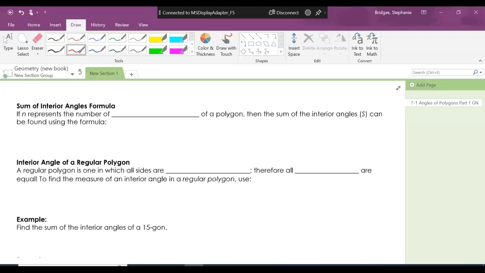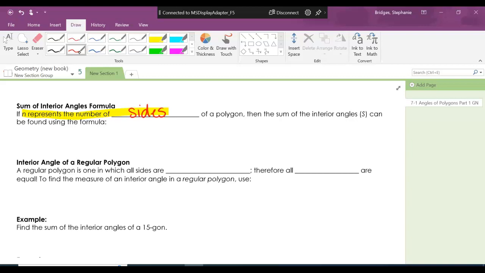Quiz on Tuesday. We have a formula that we can use to get the sum of the interior angles of a regular polygon. It says that n is going to represent the number of sides of a polygon. Again, n represents the number of sides.